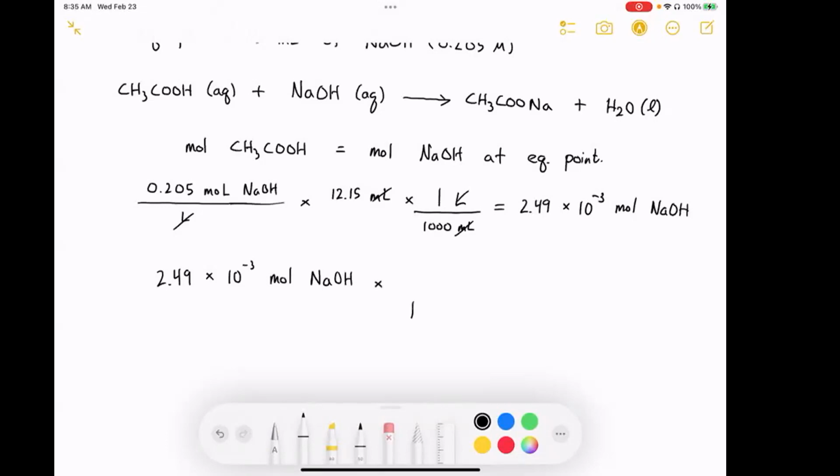We know from the mole ratio of our equation, 1 mole of sodium hydroxide gives us 1 mole of acetic acid. So therefore, we also have 2.49 times 10 to the negative third mole of CH3COOH.